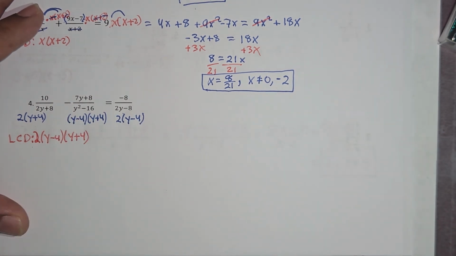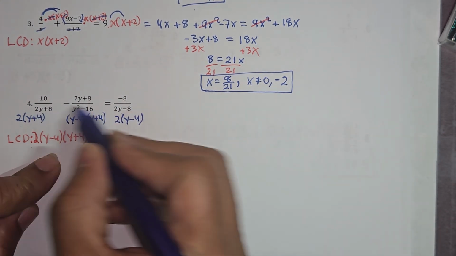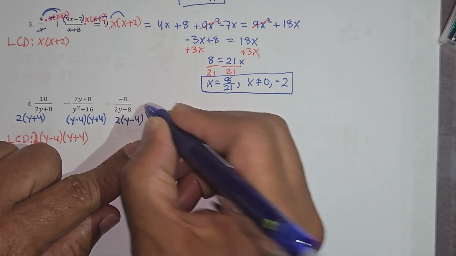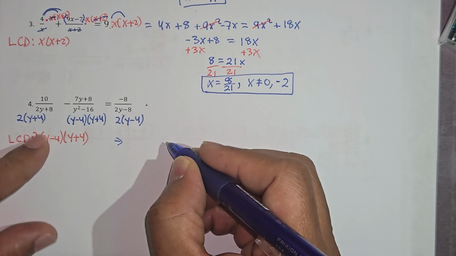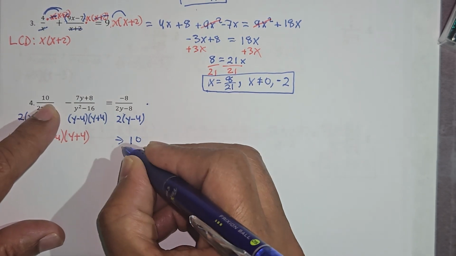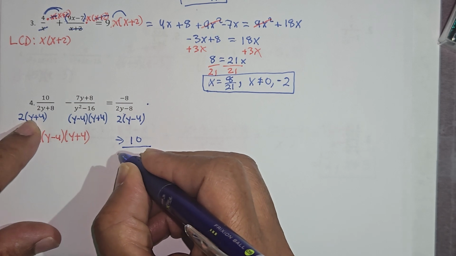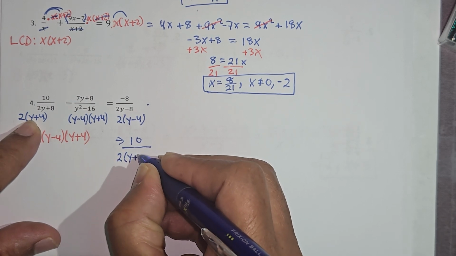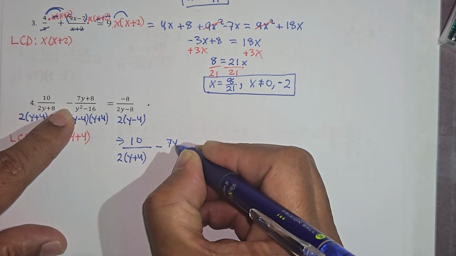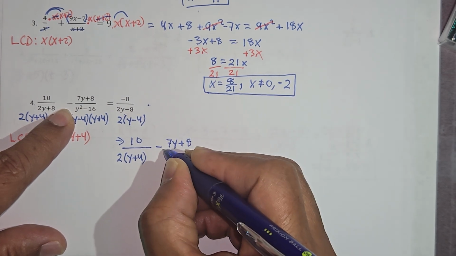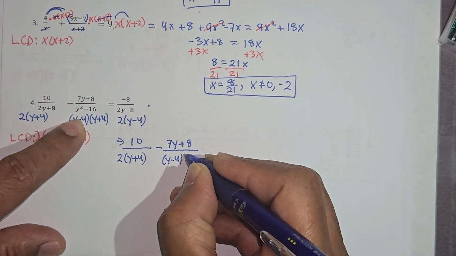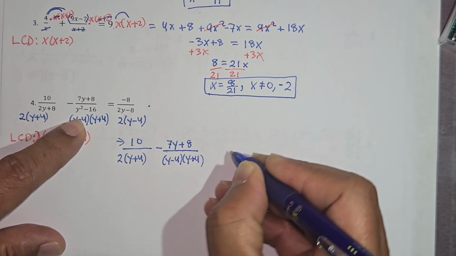So I am going to rewrite this because I don't have plenty of space to write the LCD with each one of these expressions. So I'm going to bring this over here. So we have 10 over 2 times y plus 4, and then minus 7y plus 8, all of it over y minus 4 times y plus 4.